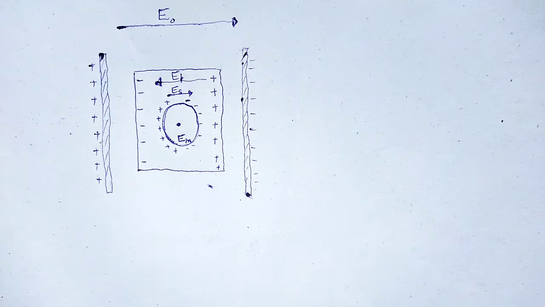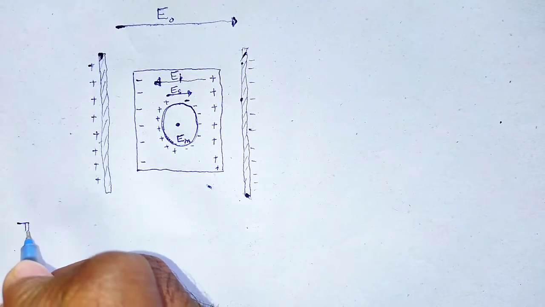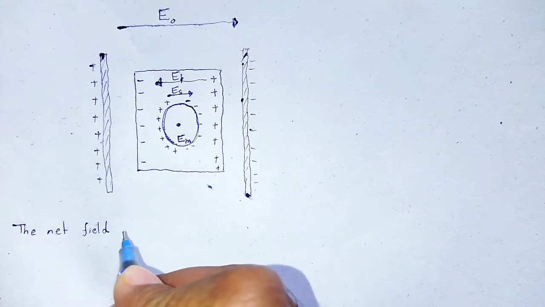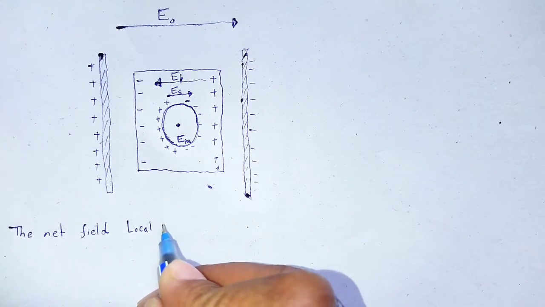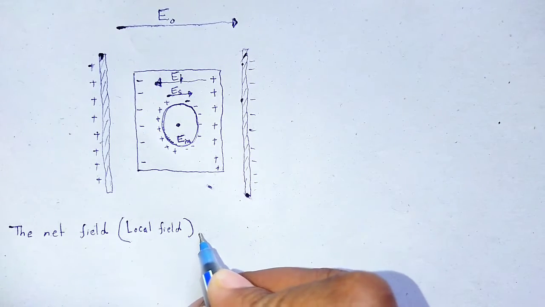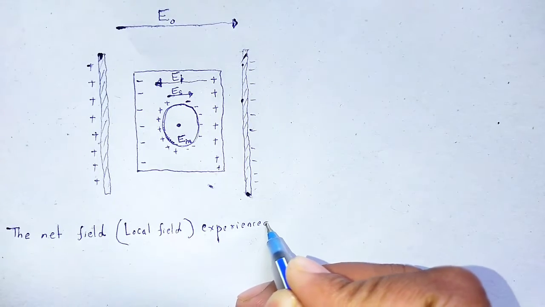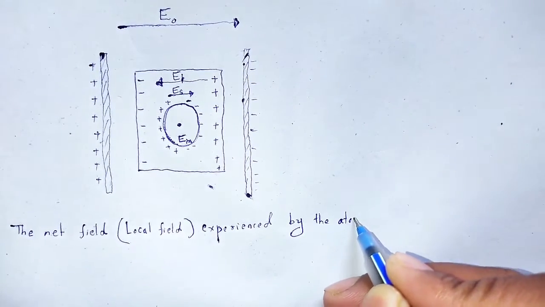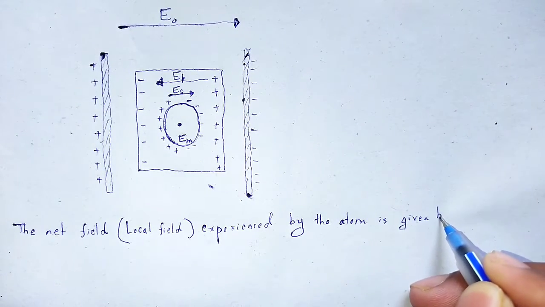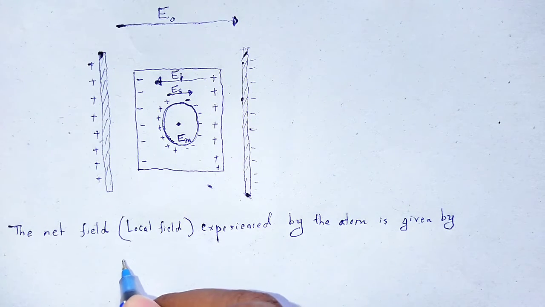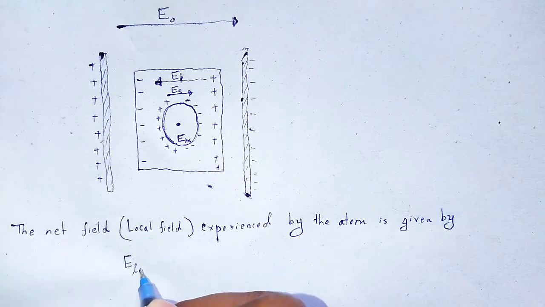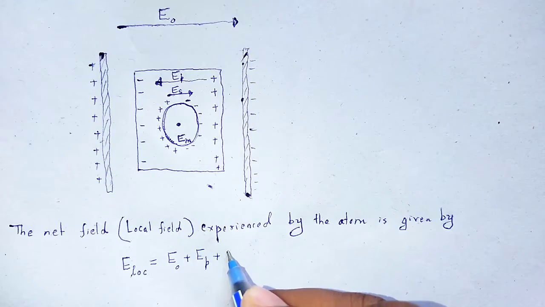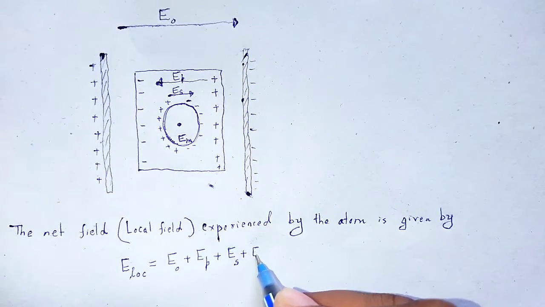Therefore, the net field, that is nothing but local field, experienced by the atom is given by E local is equal to E naught plus E p plus E s plus E m.